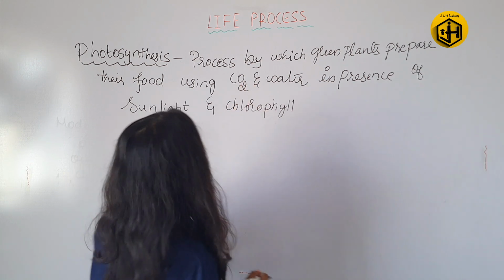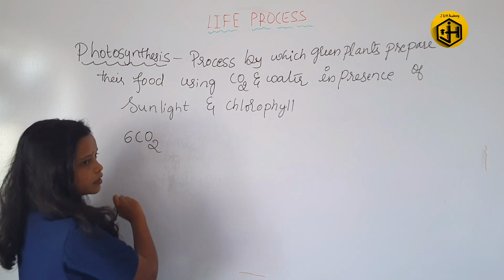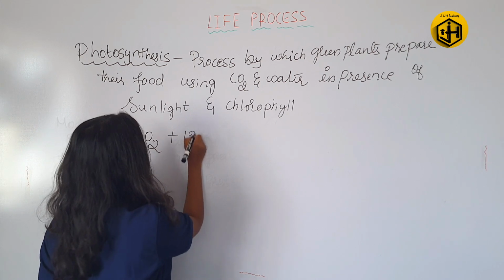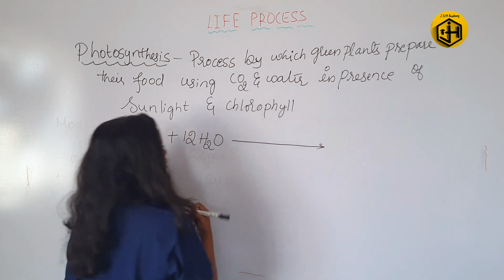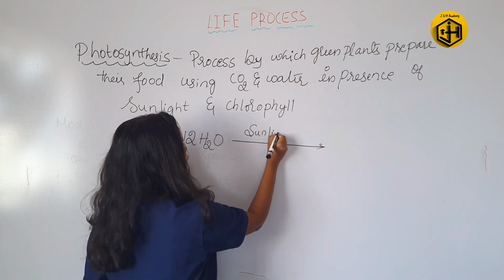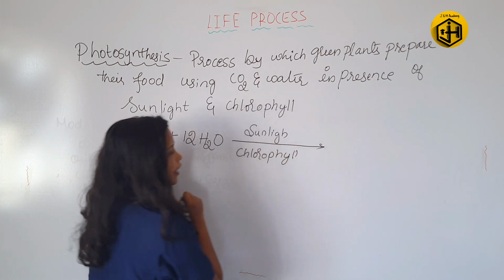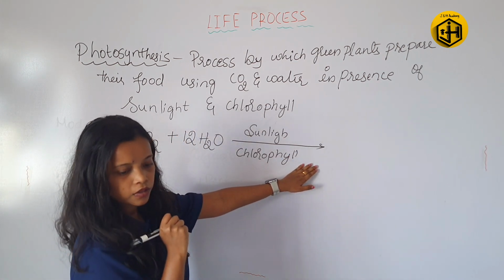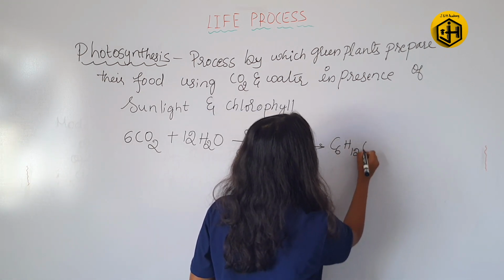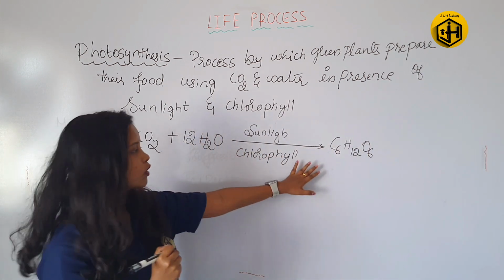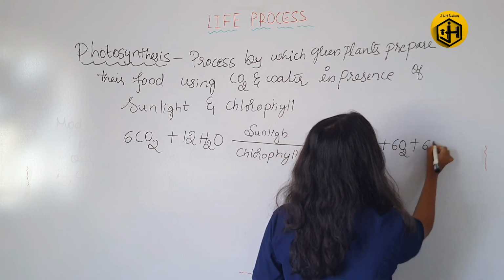So let's write the equation of photosynthesis. First, what is it using? Carbon dioxide and water. 6 carbon dioxide plus 12 molecules of water, in presence of sunlight and chlorophyll, to obtain C6H12O6, a carbohydrate, that is glucose, and the byproducts are oxygen and water.